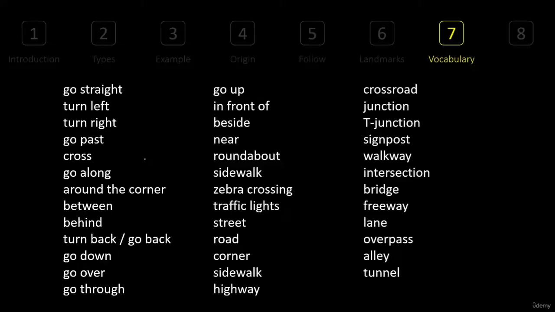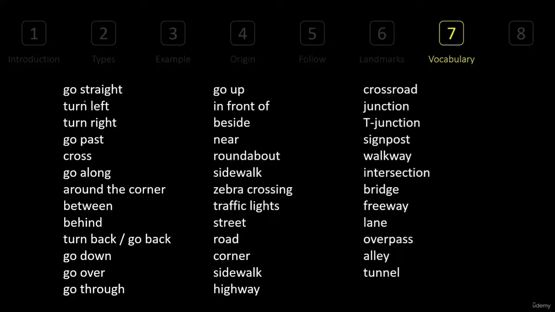Rarely do we go through cross and go along. So this is the vocabulary. What I want you to do is stop here, copy all of them and see how they're used. If you don't want to, there's also a vocabulary course we have provided you. You can look into it and all of them are explained in detail.